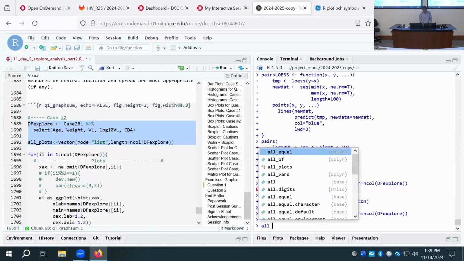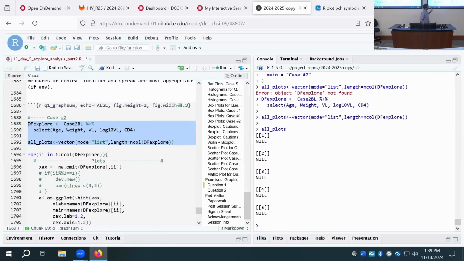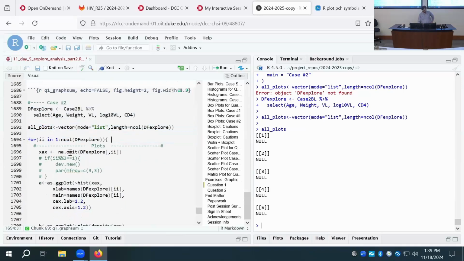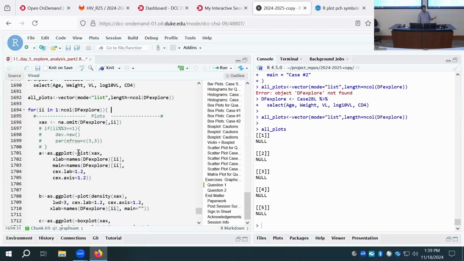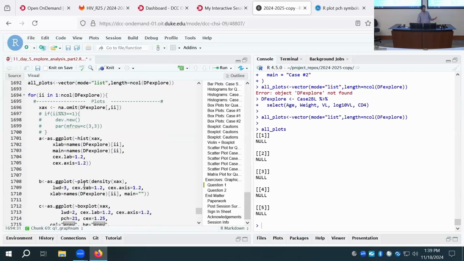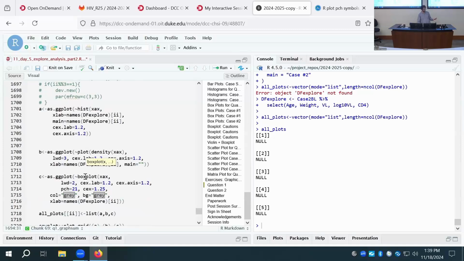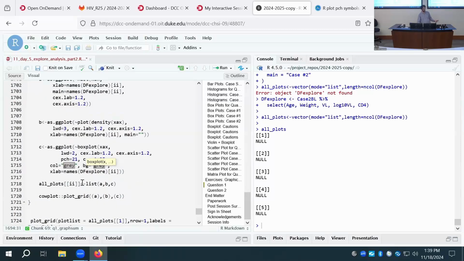We're going to have this empty vector, and I'm going to fill it in with plots to then print. I'm going to loop through the columns, 1 through 5. We're going to omit any missing, do a histogram, a density plot, and a box plot, and then return that in there. And then we're going to use cowplot to plot it.